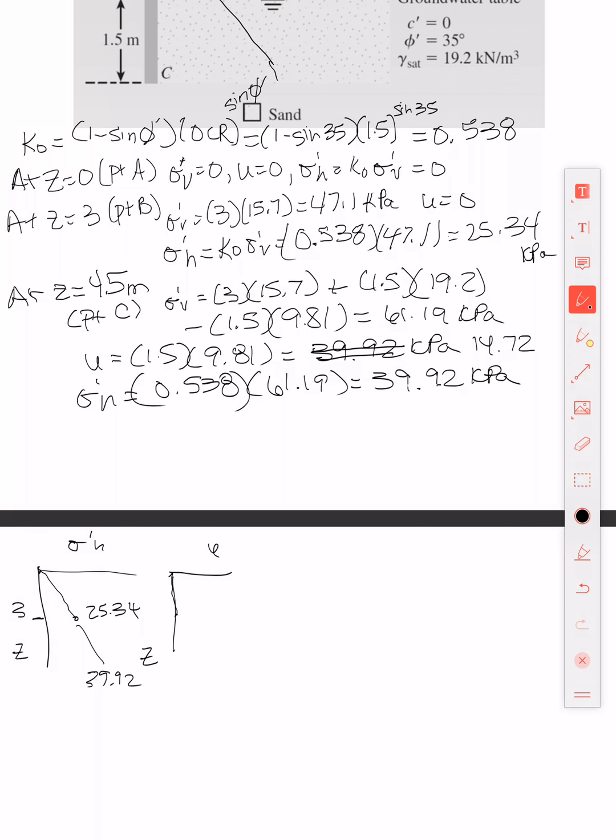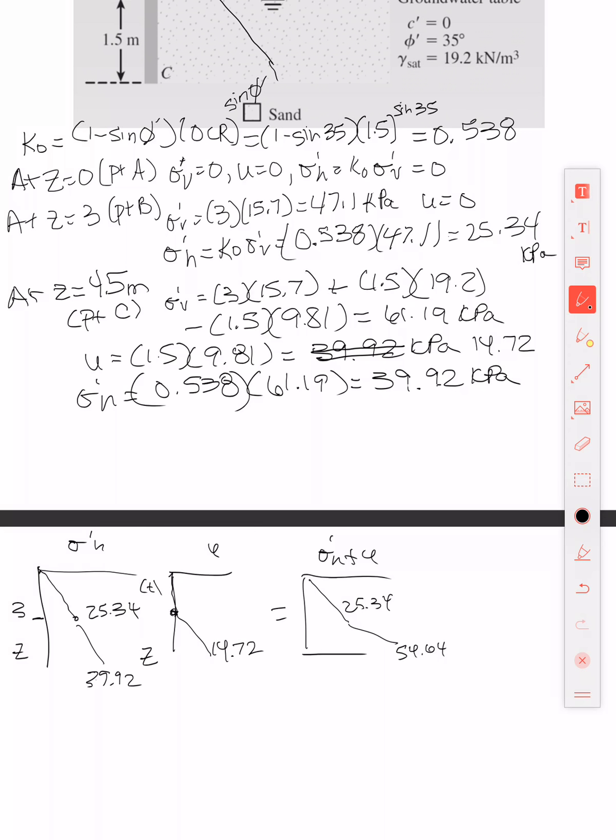The pore pressure is 0 until we get to 3, and then it increases to 14.72. So both of these distributions are going to act together to get our final distribution of horizontal plus pore pressure. So that'll be 25.34, and this becomes 54.64.